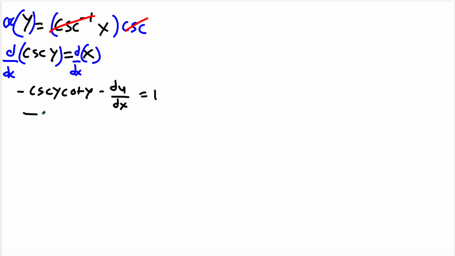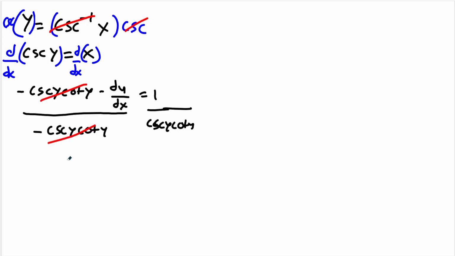We want to isolate dy/dx by dividing by cosecant y cotangent y on both sides. So then these two will cancel, and we are left with dy/dx equals 1 over, and this should be negative, by the way, negative cosecant y cotangent y. Okay, so what do we do from here?